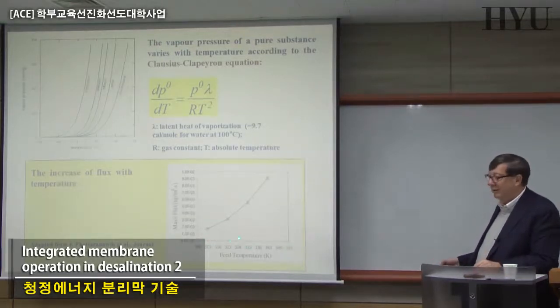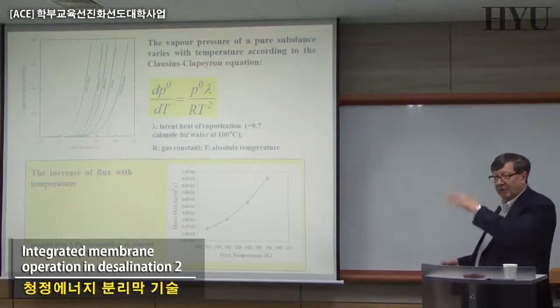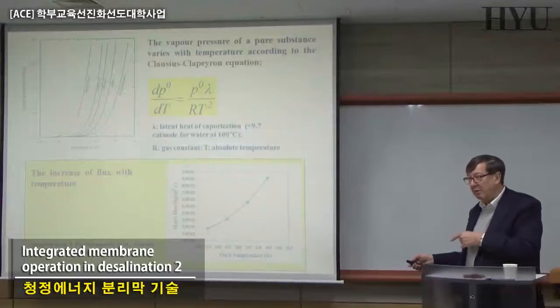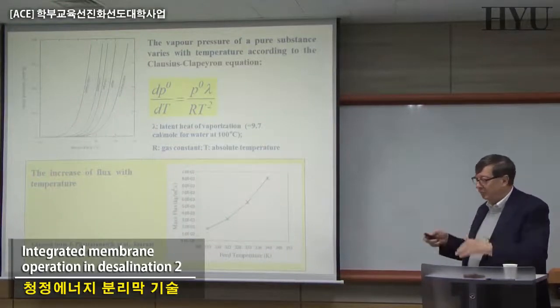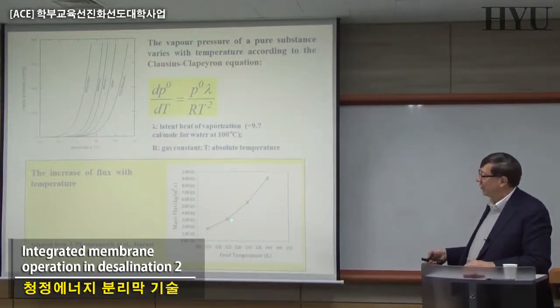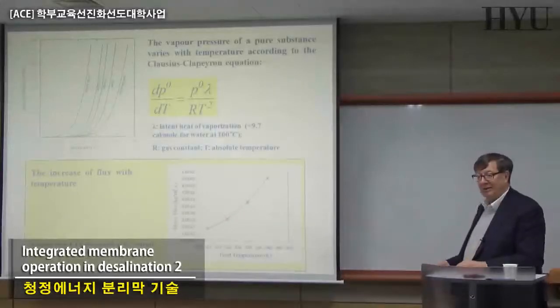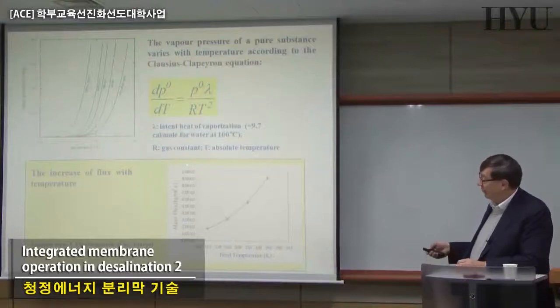But if you increase a little bit more, you can have a situation in which the flux goes up, and that is quite important if you have the right membranes, and if the energy you are using for increasing temperature is not killing the economy of the process. But that's the kind of behavior you have to expect.